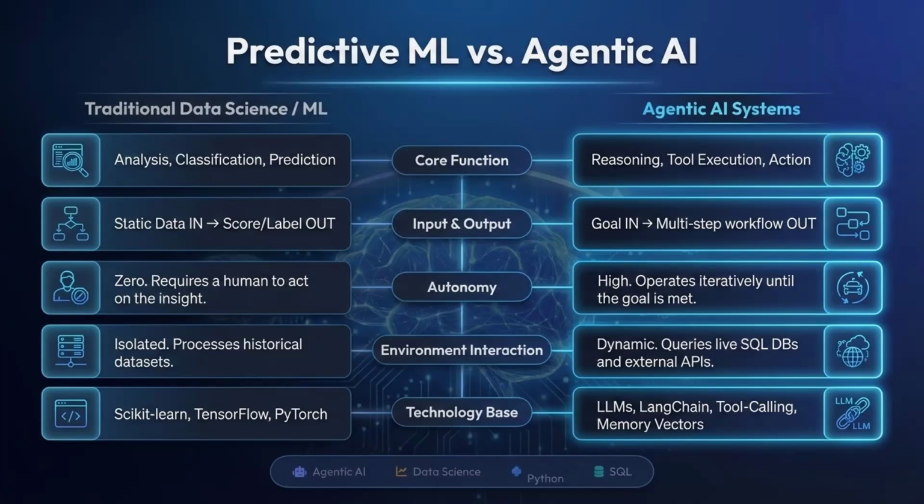Technically, there are so many libraries on the ML side, like scikit-learn, TensorFlow, PyTorch, Keras, and many others. Coming to the agentic AI side, there are some advanced libraries like LLMs and LangChain, tool calling, memory vectors, MCP. Most of them are very advanced libraries.